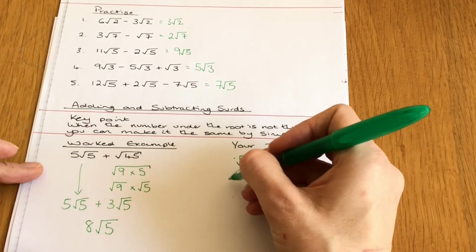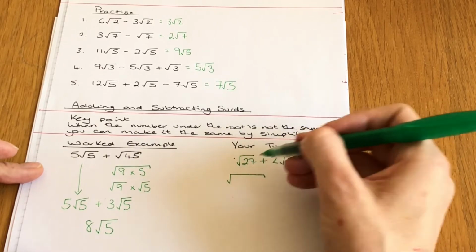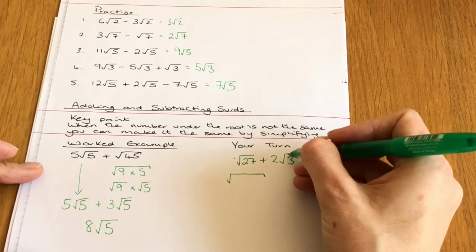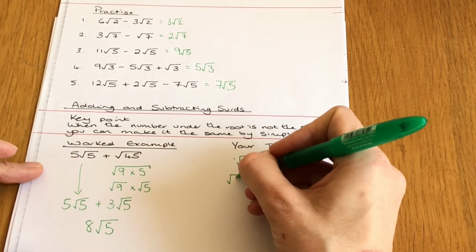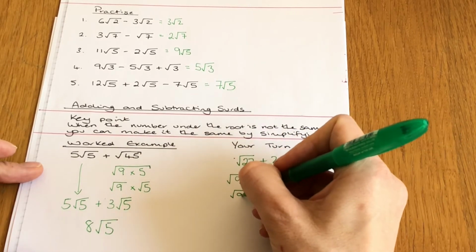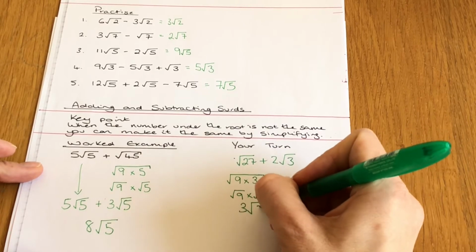Okay, so let's write root 27 as 2 factors of 27, one of which is a square number, but we do know that the other number's got to be 3. So there's loads of clues coming out here. 9 3s are 27. This becomes root 9 times root 3 or 3 root 3.